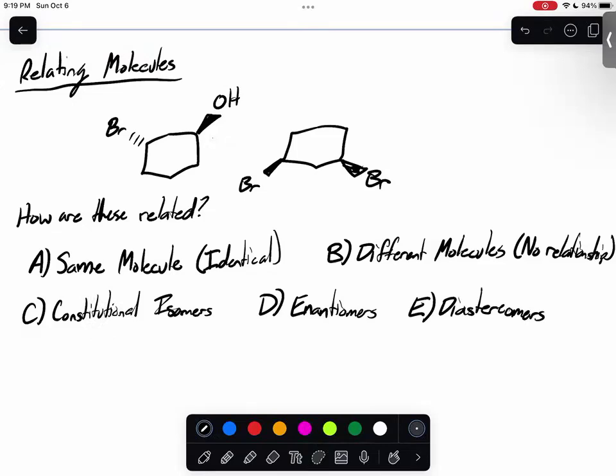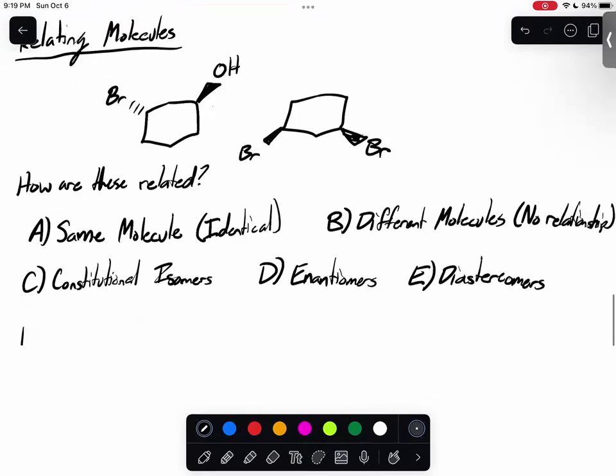Another thing they could be, because don't forget, we have some other things that we've talked about. We've talked about conformational isomers, or as we have called them in the past, conformers. Right? These are like rotations around single bonds that just alter which group is pointed in which direction.